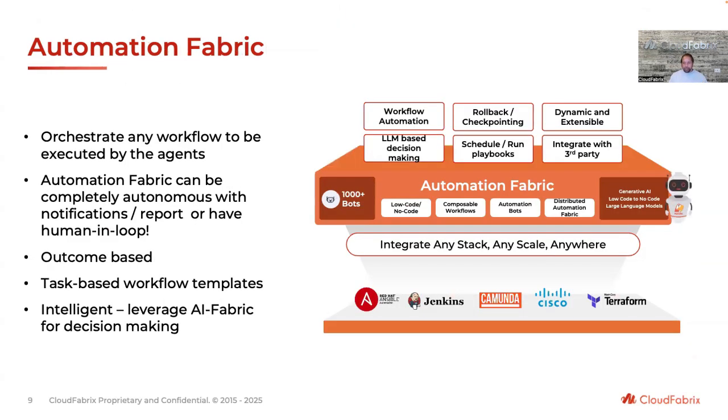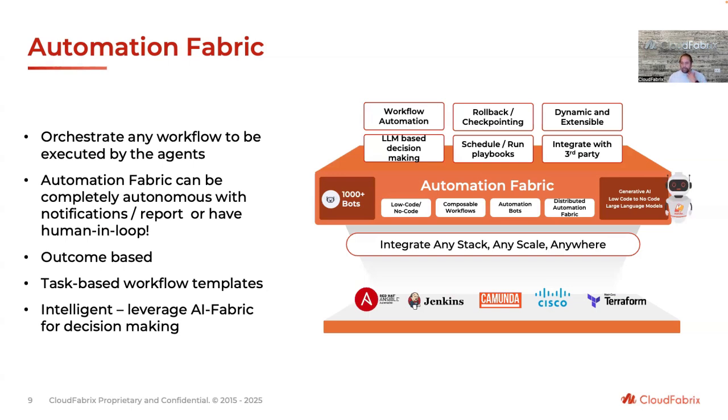The automation fabric, again, you've got to remember that fabric by definition means being able to take any source and any destination and interconnect it seamlessly. I mean, we have had network fabric for a long time. So this is a reincarnation of that from an automation perspective, where we are able to provide workflow automation. We are able to provide rollback and checkpointing.